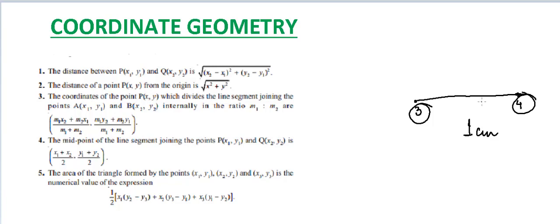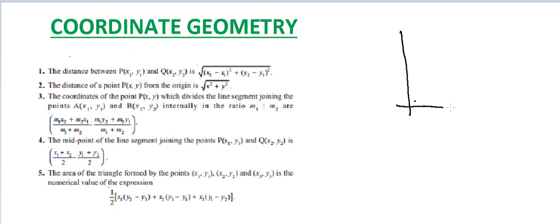We have studied about two dimensional. It has x-axis as well as the y-axis. So if you are having two dimensional structures, for coordinate geometry we know there are two dimensions. This one is y and this one is x, and there are 2 points.